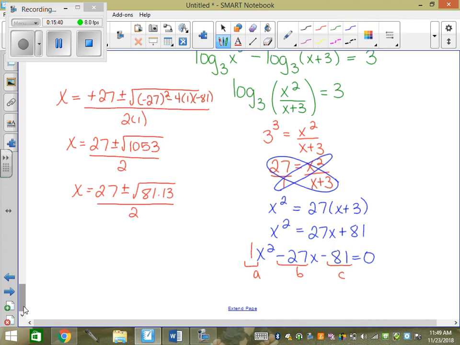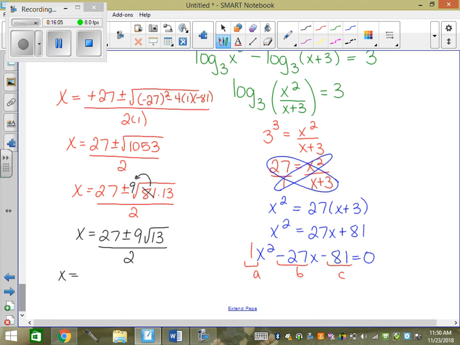The 81 comes out and it's a 9. So if I can take a 9 out of 27 and 9, do I do that? No. You would just have a GCF sitting out front. The only time you take it out is if you can take it out of the top terms and the bottom. Now to check for extraneous solutions, we need to turn it to decimals.